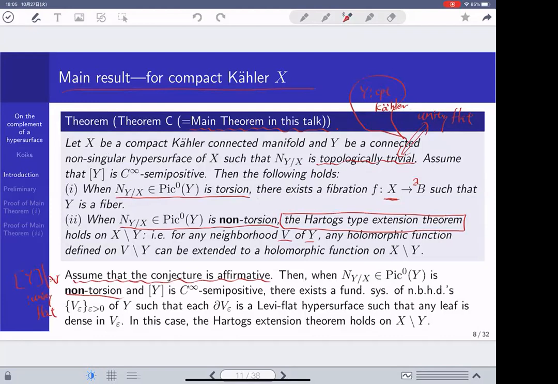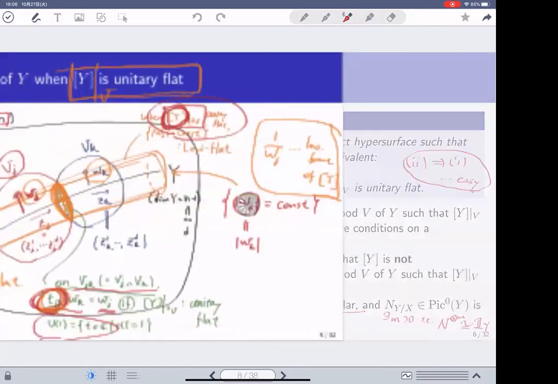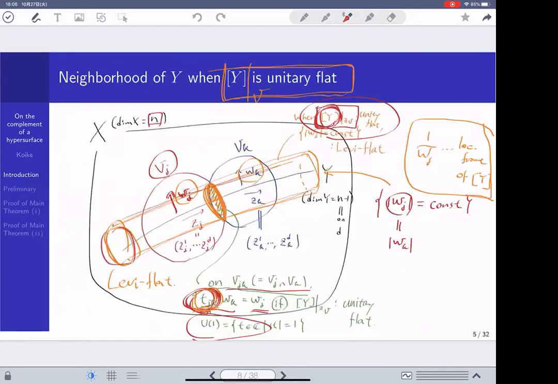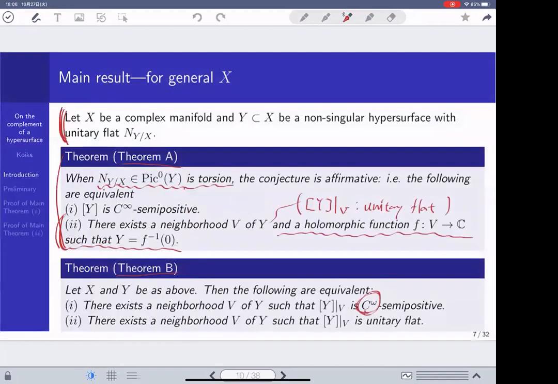So in this case, as I explained here, there exists a Levi flat. And from the assumption that the normal bundle is non-torsion, it turns out that any leaf of the Levi foliation is dense in this Levi flat.